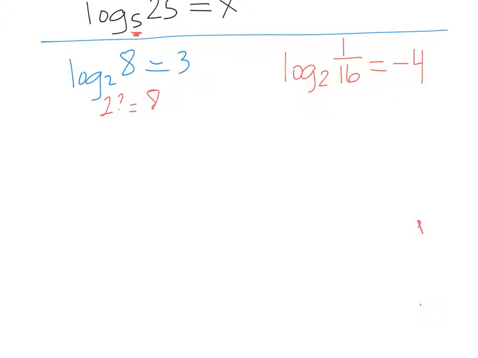So with fractions, all you have to remember is that negative exponents make fractions. Negative exponents make the number go in the bottom. So you're like, well, 2 to the power of what is 16? It's 4. And since it's 1 over 16, it's -4. Is everyone okay with that? It's good so far? Okay. So far, so good. Hey, what about something like this?